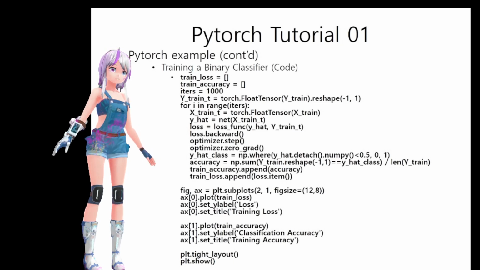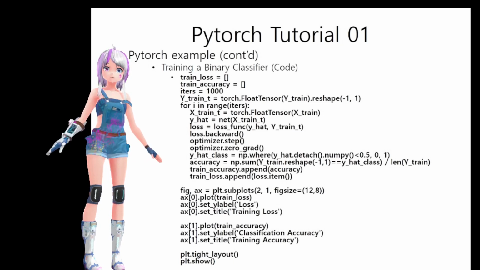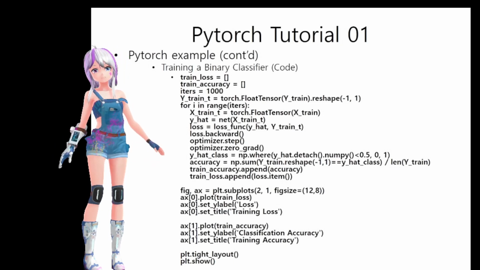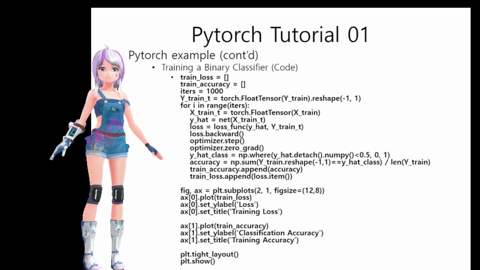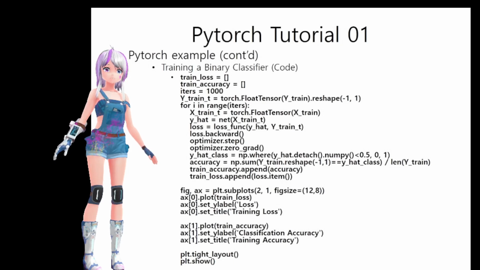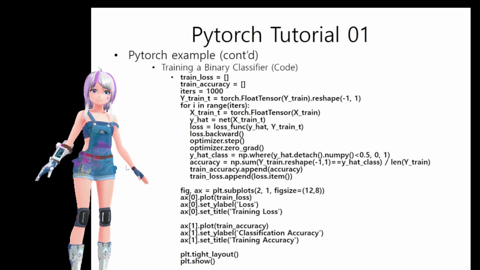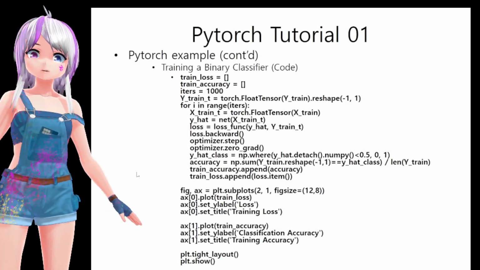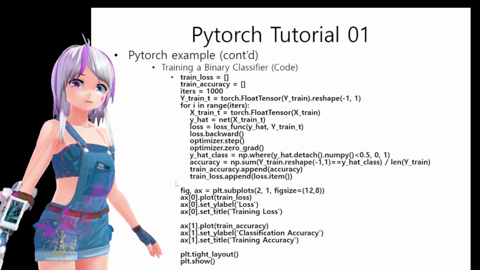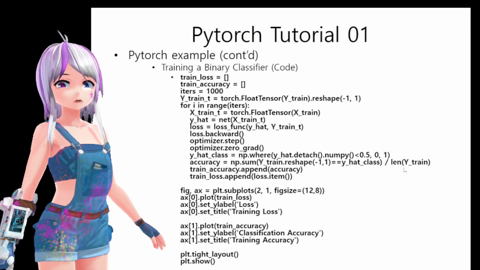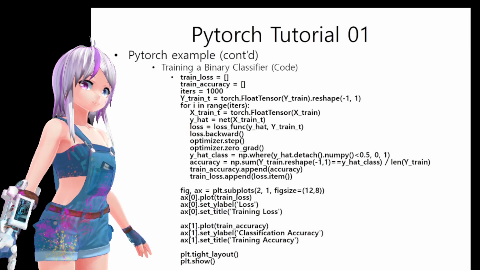Now, i is the iteration index, for i in range of iteration, from 0 to 1000. Oh, I think this is an integer. And x_train_t, which is from the same torch built-in function, torch.FloatTensor(x_train). So this x_train_t is our data, two-dimensional data.